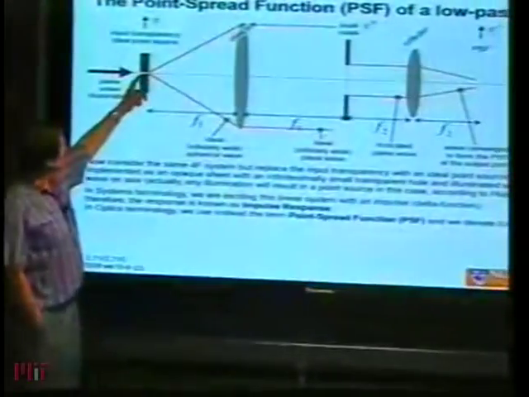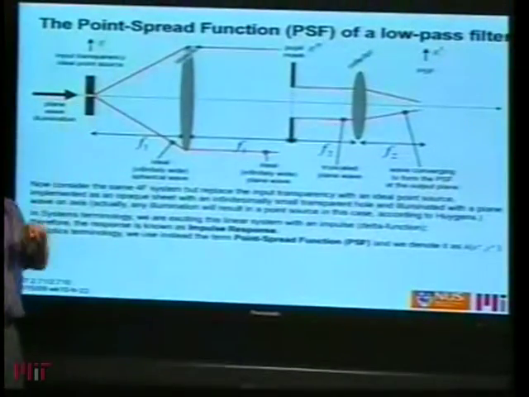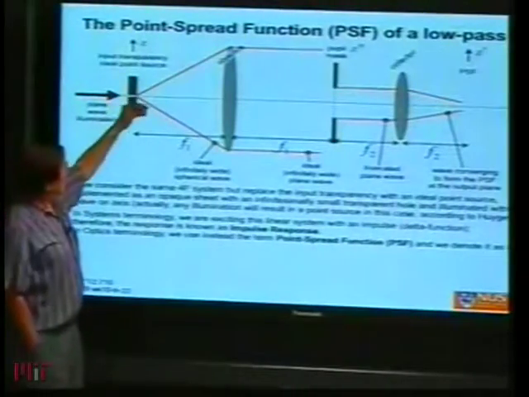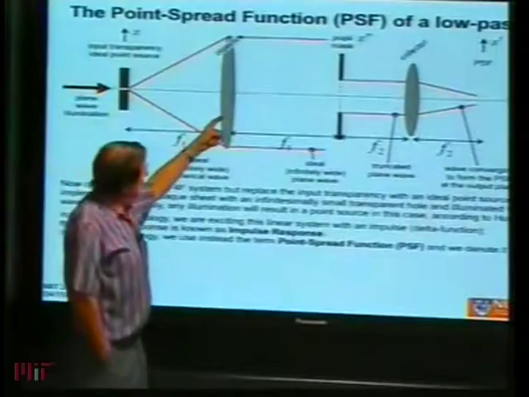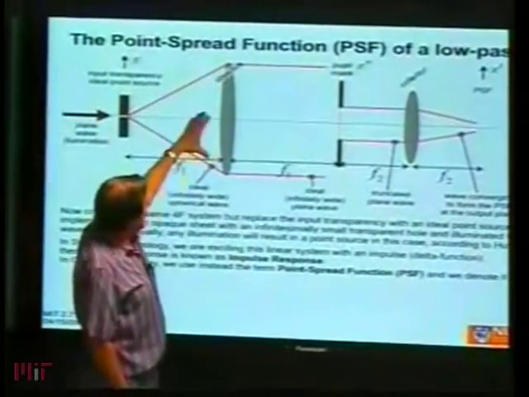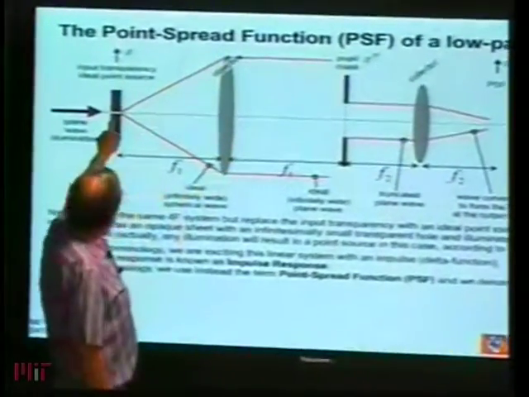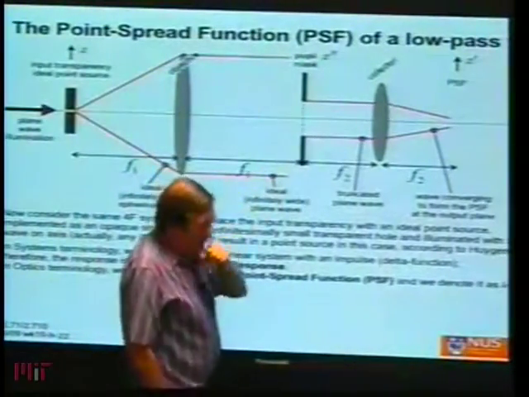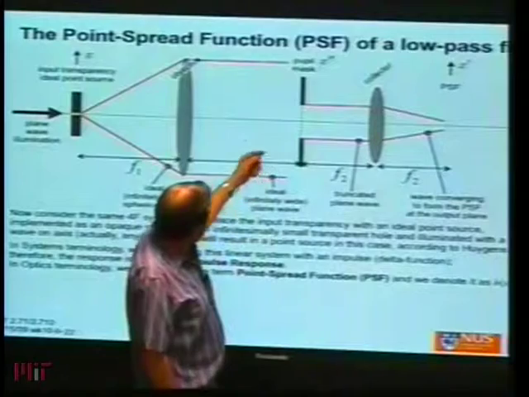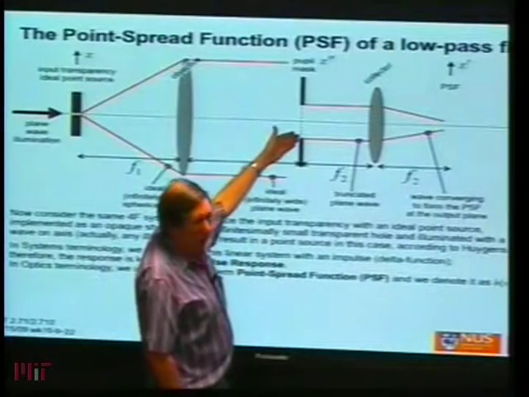And we make our point objects by having a screen with a very small hole in. This then is going to expand and reach the lens. It's going to be collimated because we've assumed this to be on the axis. This collimated beam is going to arrive at our pupil mask.